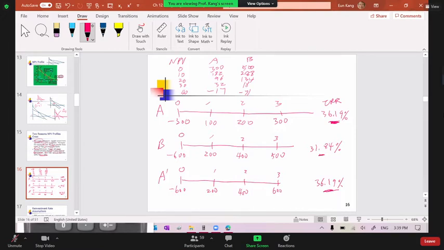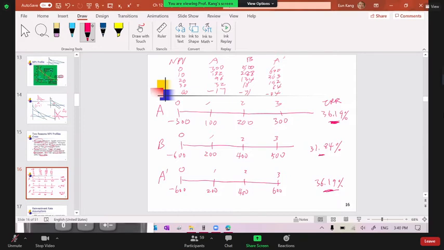And project A prime: 600, 363, 192, 64, minus 34.